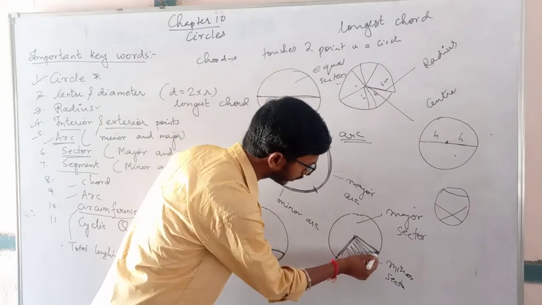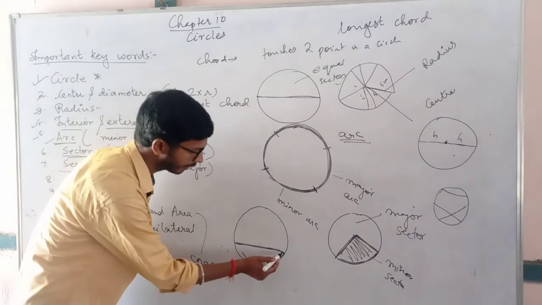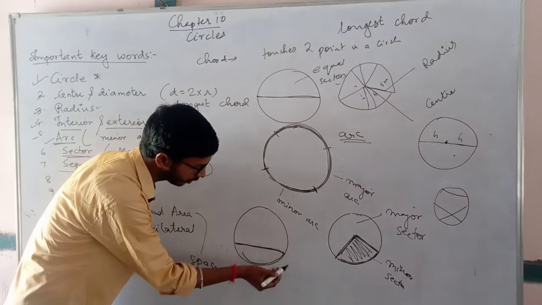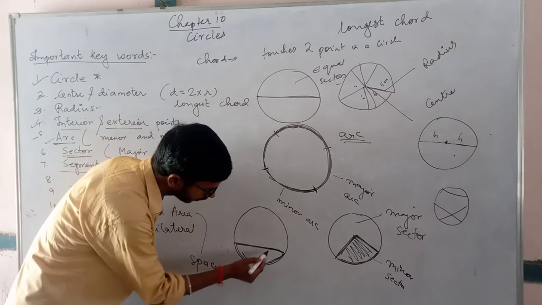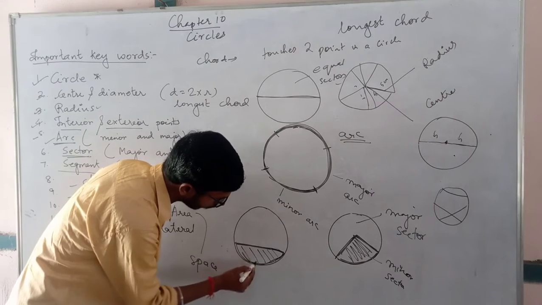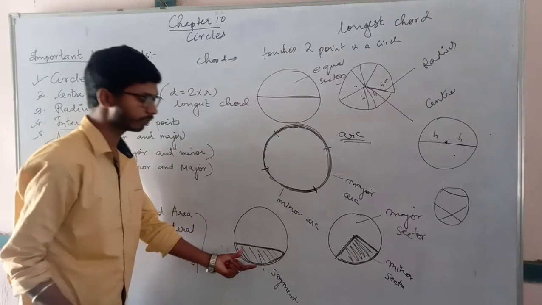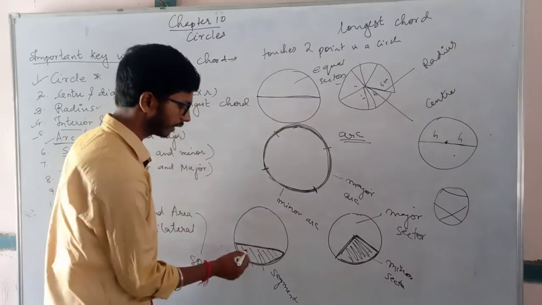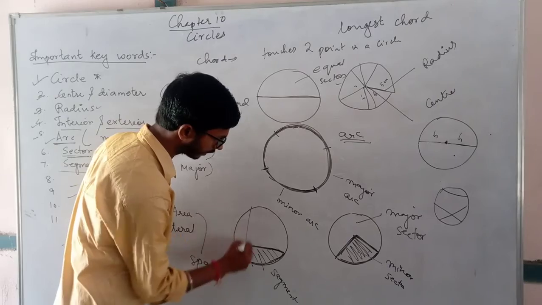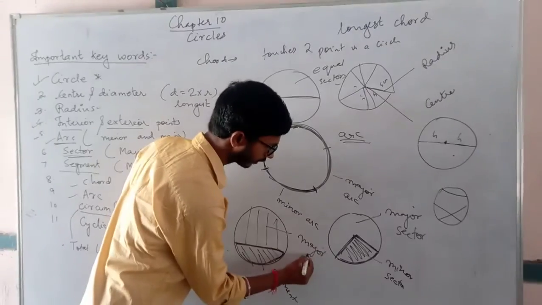In a sector, it is the area bounded by the radii, whereas in a segment, it is the area bounded by the chord and the arc. So this part we can call the segment. If it is smaller, we call it minor. If it is bigger, we call it major. So this is a minor segment, and this one we can call the major segment.